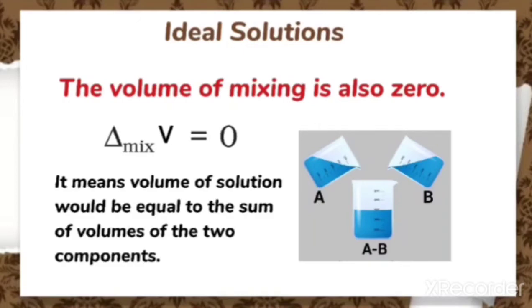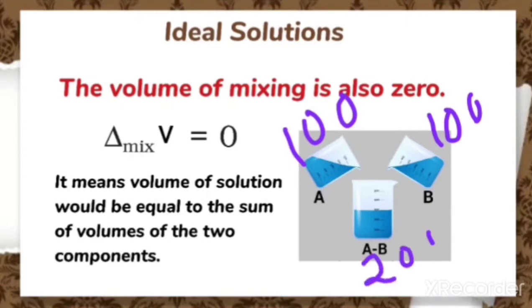So the volume of the solution is equal to the sum of the volumes of the two components. Whatever volume I have taken here, 100 and 100, when 100 ml of A and 100 ml of B are mixed, the solution AB is 200 ml.